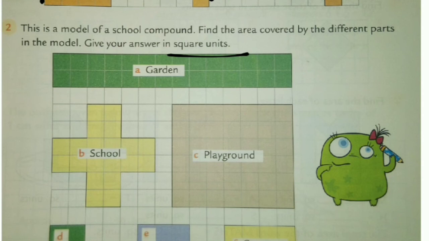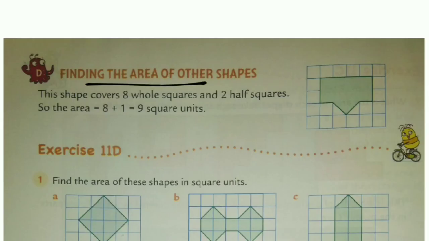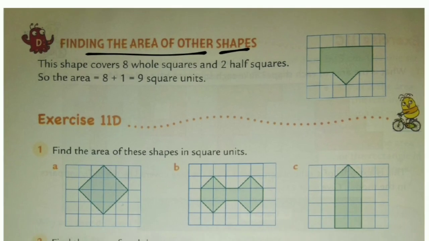So how many squares they have used for this school compound, you have to count and write the answer. Finding the area of other shapes. So how to find the area of the other shape? See, this is the full one and this is the half part. So half part and half part we can take as 1.